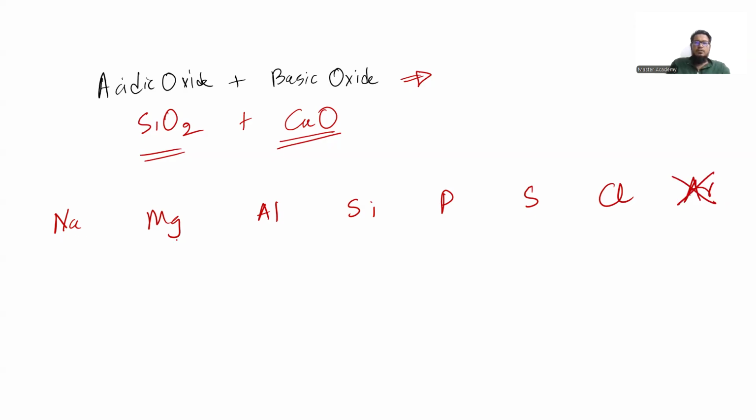Now we have to write the oxides of all these. The easiest method is to put 2, 2, 2, 2, 2, 2, 2, and fill the oxygens O1, O2, O3, O4, O5, O6.